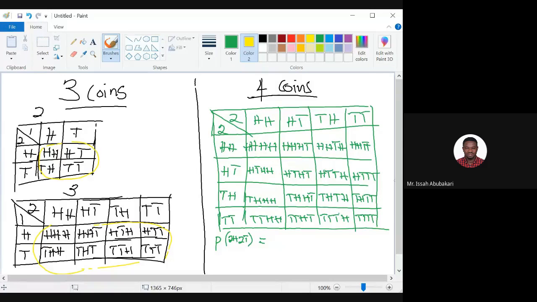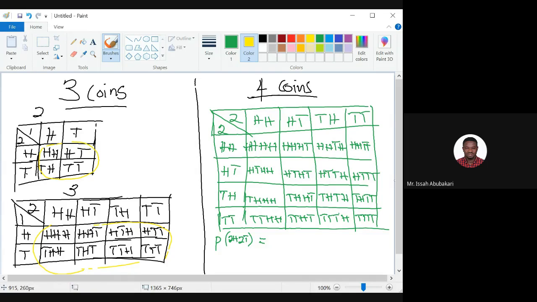Okay, we have 4, we have 6. Who else wants to try? Who is having a different answer? All right, let's check it out. So we are looking for 2 heads and we are looking for 2 tails.